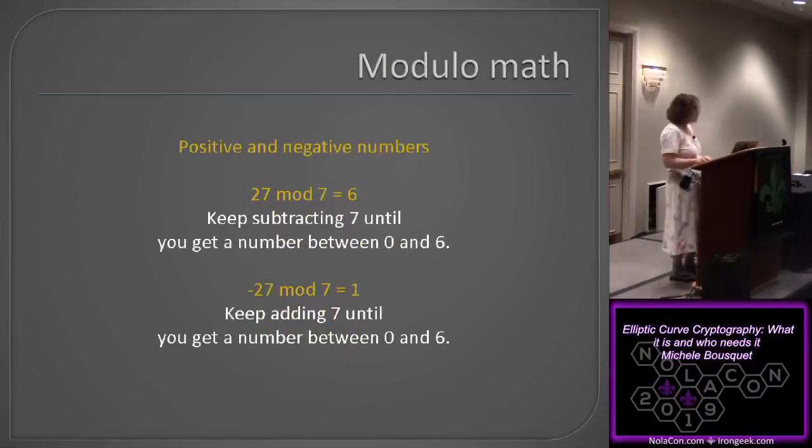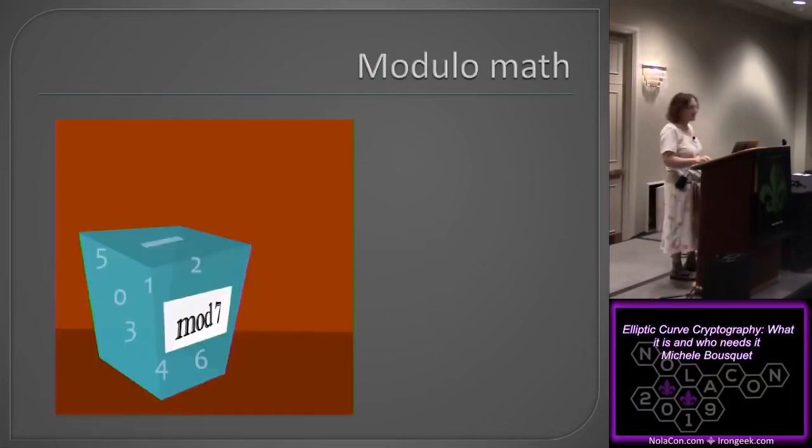So this also works with negative numbers if you need to do a modulo with it, but it's a little bit different. Basically, if you end up with a negative number, you keep adding 7 until you get something between 0 and 6. Basically, with any kind of mod 7, the answer has to be between 0 and 6. So it's kind of like having this box that all it has in it is 0 through 6.